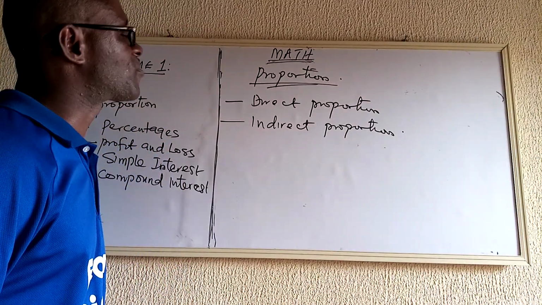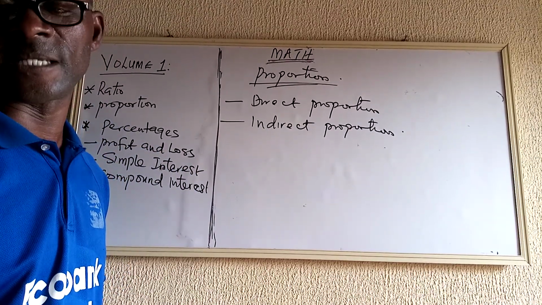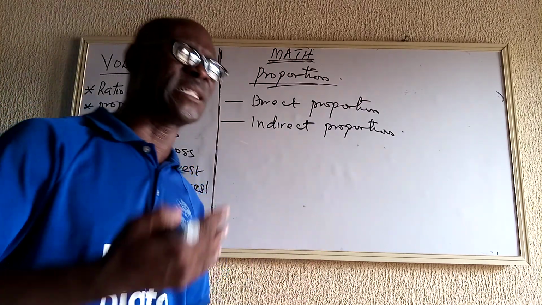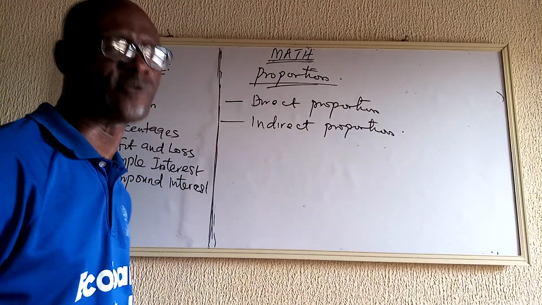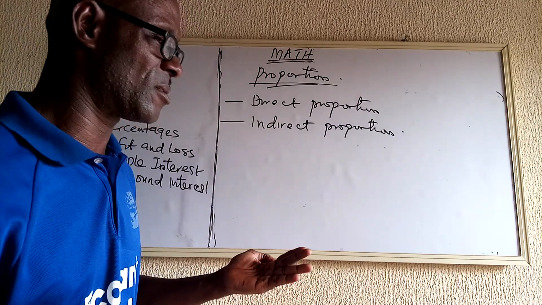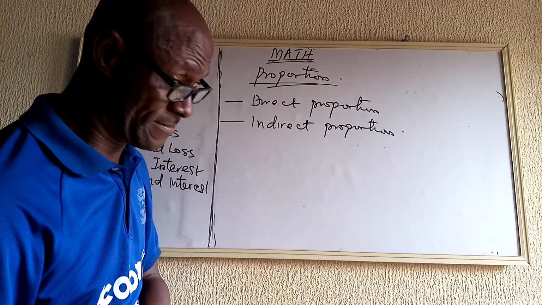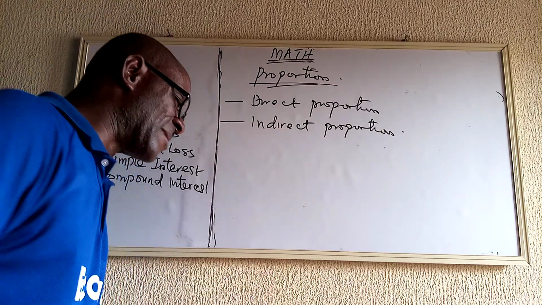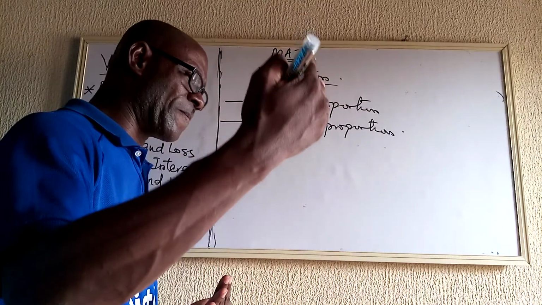Now, when we say direct proportion, what does this really mean? It means that when there are two quantities or two things in consideration, and whatever is happening to one is an influence on the other, such that if the first is increasing, the other also must increase.